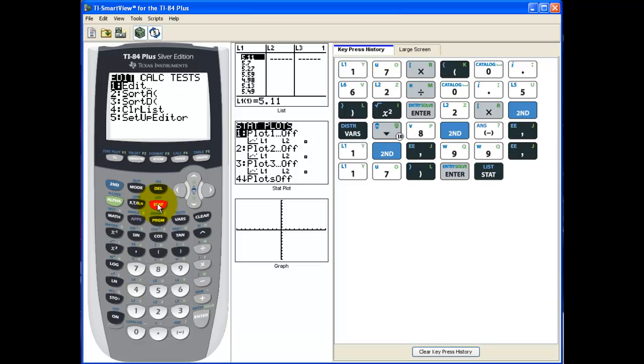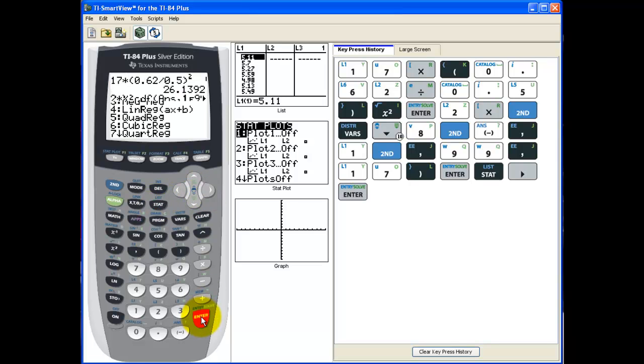So I need the sample standard deviation. I'll go to the calc menu here, and I'll just do one variable stats, and it defaults to list 1. So S sub x is what I need right there. Now, I don't want to retype that number, but it's stored in the calculator's memory register, the one that's called S sub x. So I'll just fetch that when I do the test statistic.